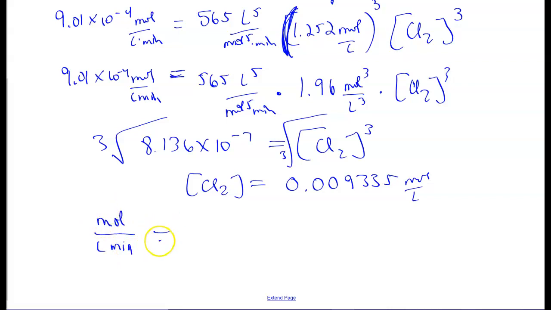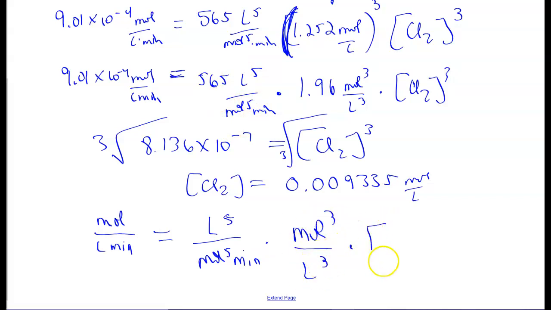On the right, just looking at units, we have liters to the fifth over moles to the fifth minutes. I'm getting that from right here. And then we have times moles cubed over liters cubed times Cl2 cubed. That's what I have just looking at units and unknowns.